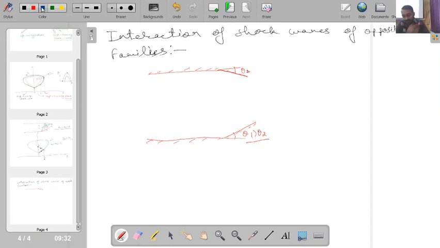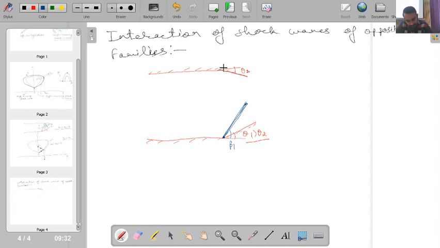Now I will see a shock wave which will start from this point, making angle beta. This shock wave is nothing but a left running shock wave.